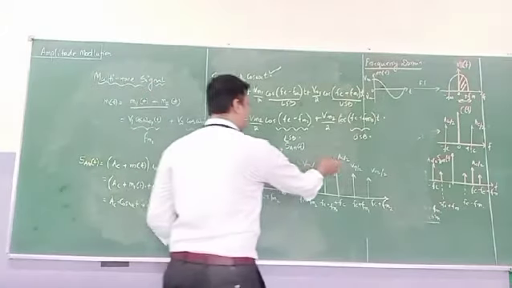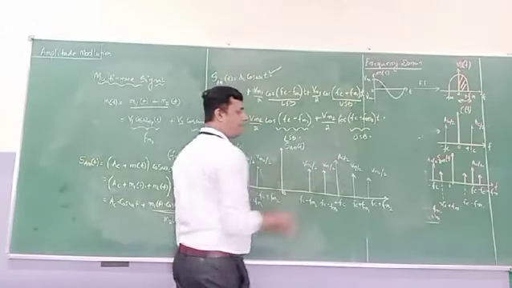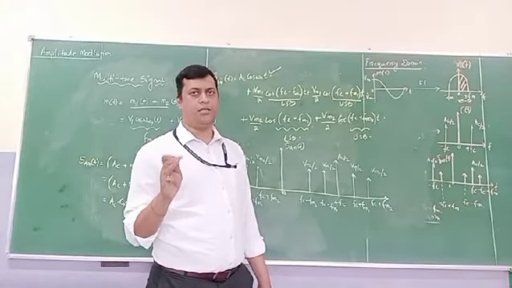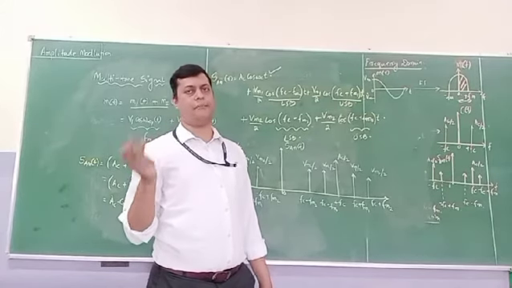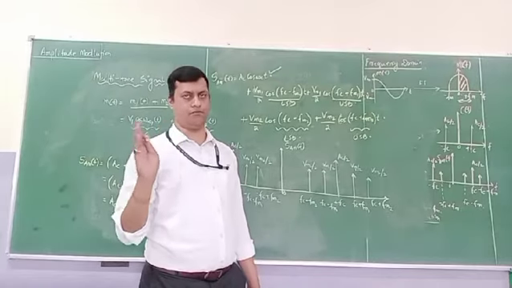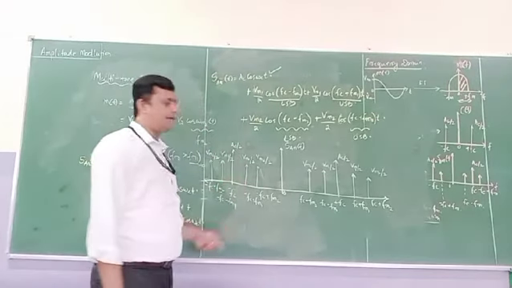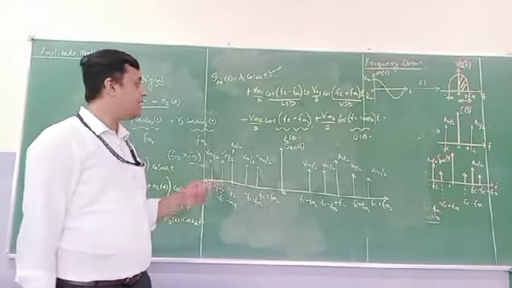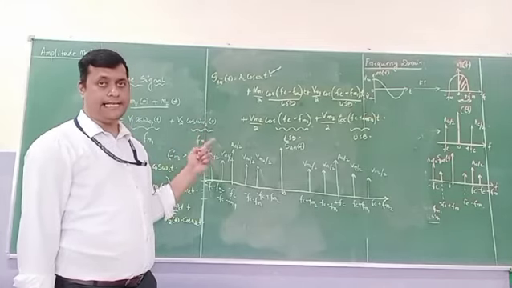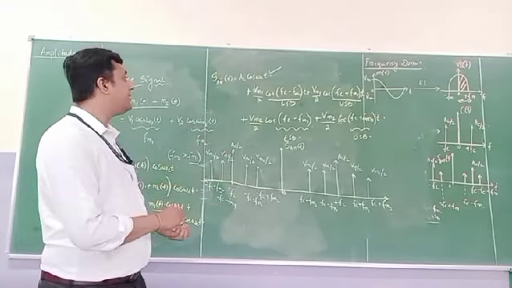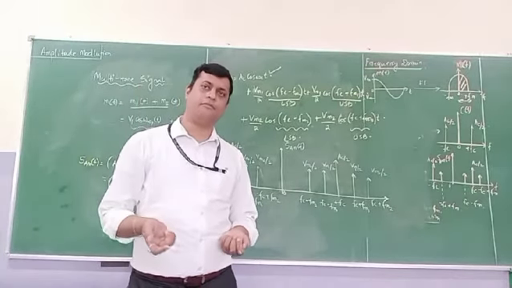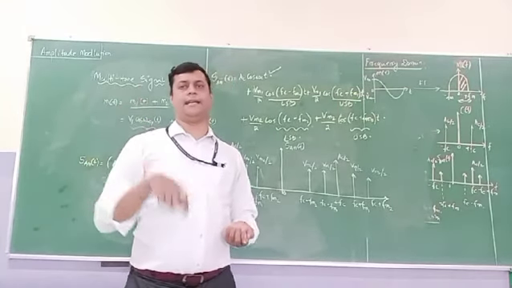So there are four sidebands, two lower sidebands and two upper sidebands, corresponding to the message signals M1 and M2. This is the frequency translation represented for our multi-tone modulating signal.